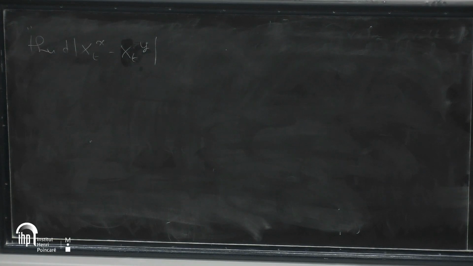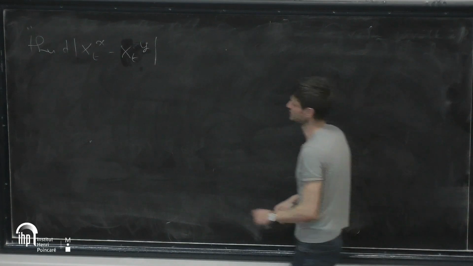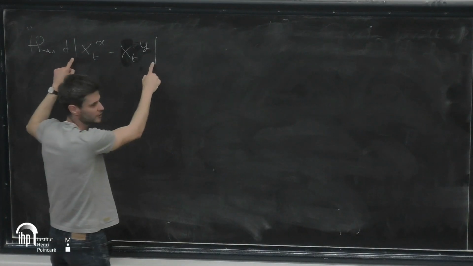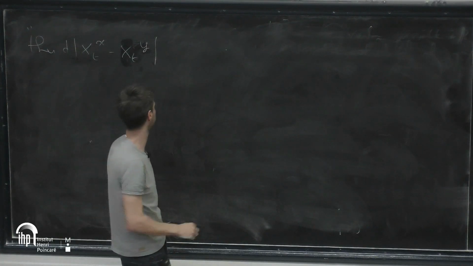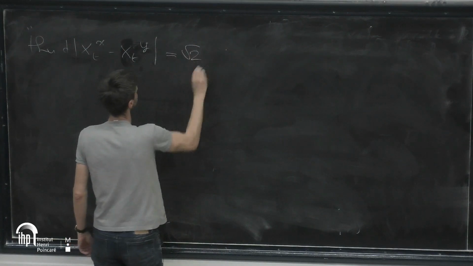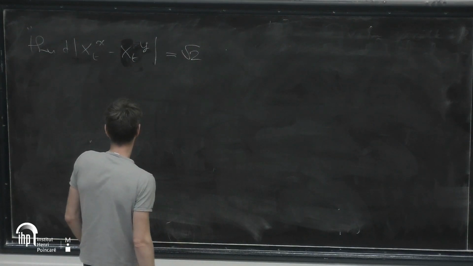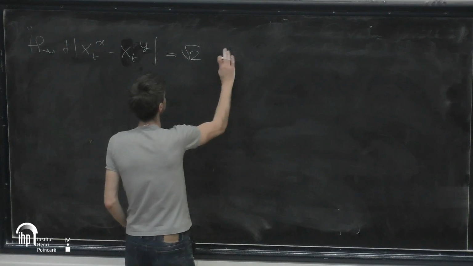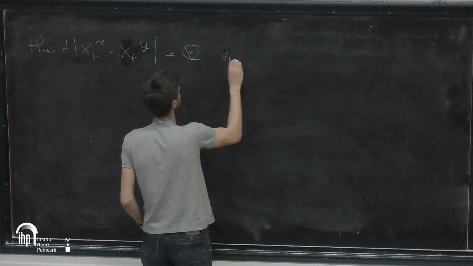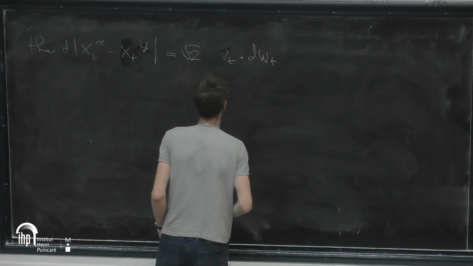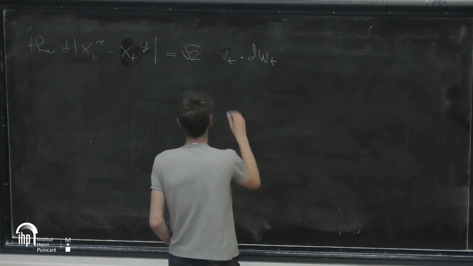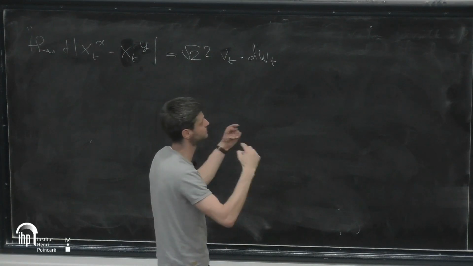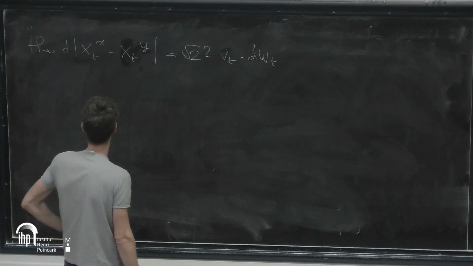And on this direction, the Hessian matrix of the Euclidean norm vanishes, because for the Hessian of the Euclidean norm you have to project down. So you have no Ito term. And you see that this is square root 2 vt dWt. Maybe there is a 2 here.